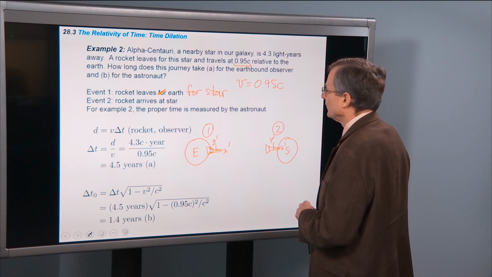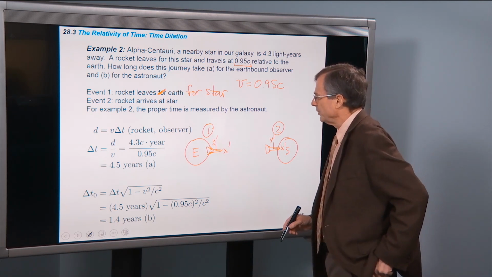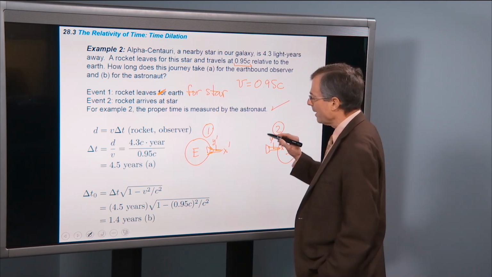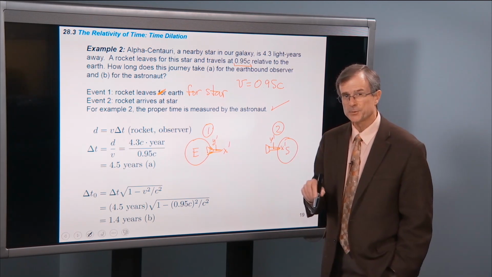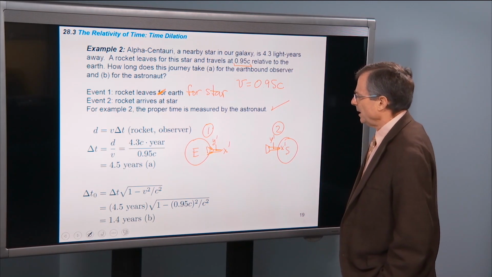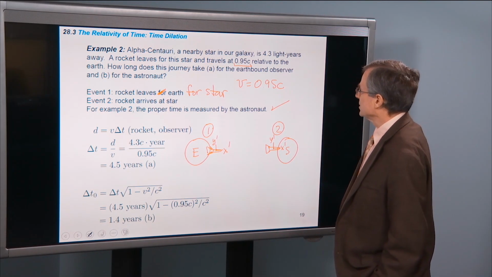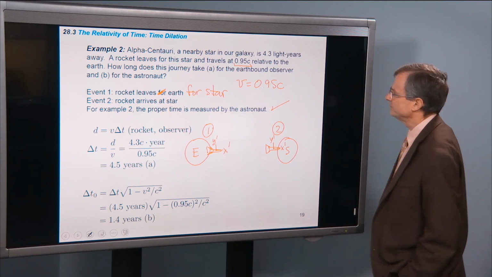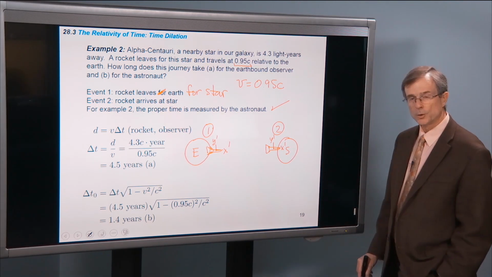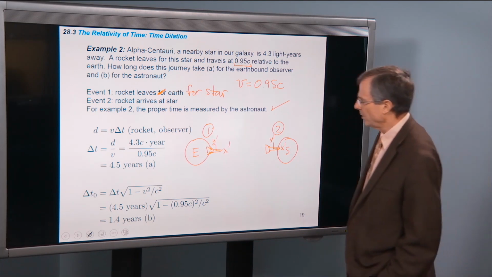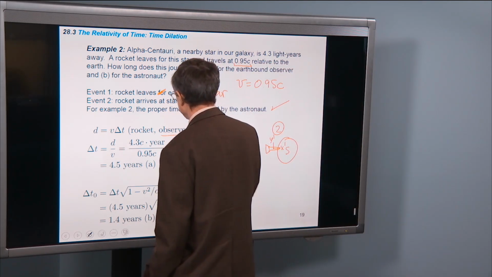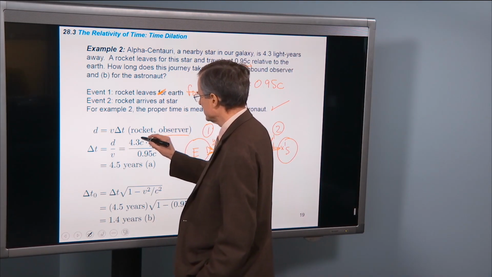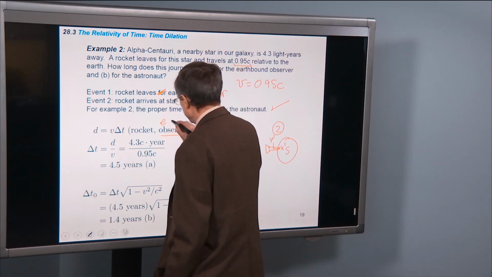And so in other words, the proper time is measured by the astronaut in this case. The easiest part to do is to find how long the journey takes for the Earth-bound observer. Okay, so let's look for the observer, and let's ask how fast for the Earth-bound observer.